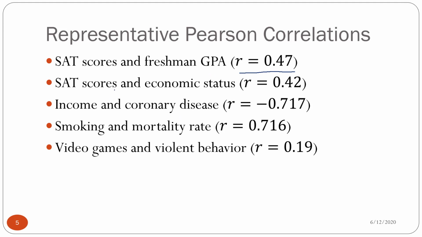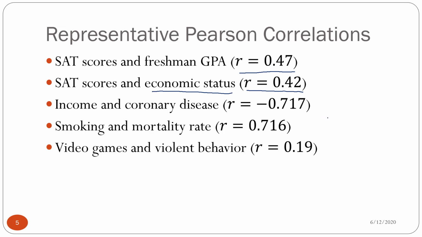Okay, so let's move on to another example. The SAT score was also checked for correlation with economic status. Let's look at the value. This is also a decent value, 0.42, right? That means the SAT score correlates well with economic status, which probably means the students who are scoring well in the SAT are well off, they are studying well, they have all the resources, right?